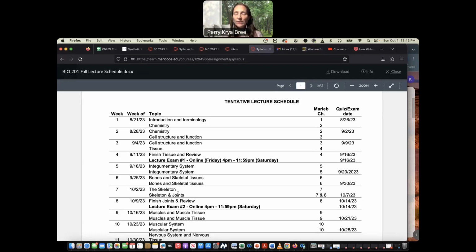That lecture quiz will be on the axial and appendicular skeleton. Hopefully that lecture goes hand in hand with lab, and I think you'll find this will catch you up with lecture and lab together and make things a little bit easier for you.